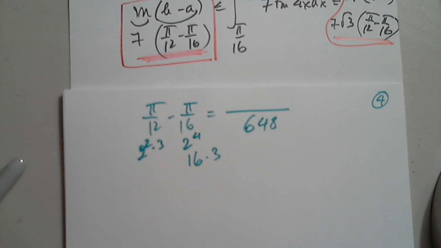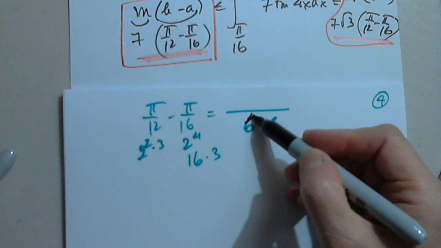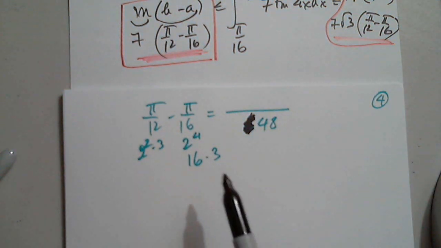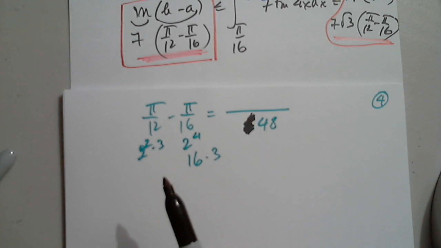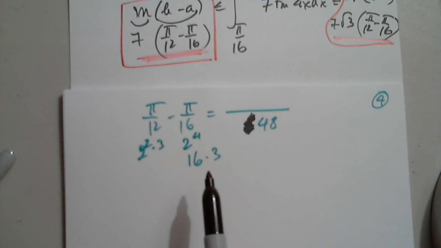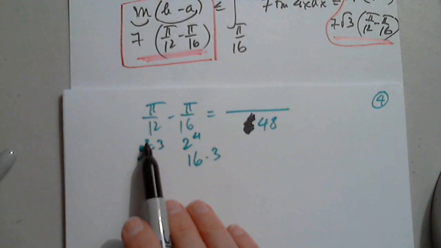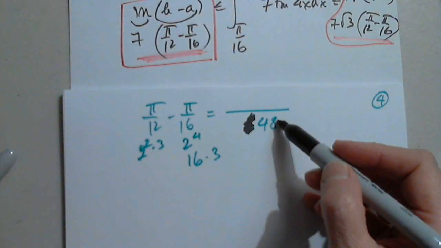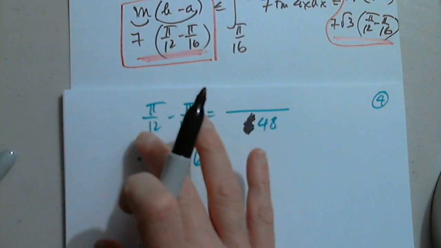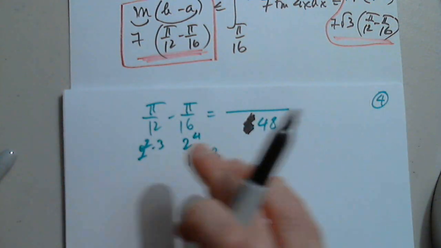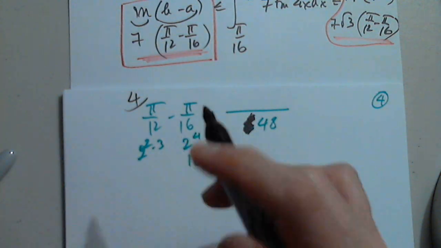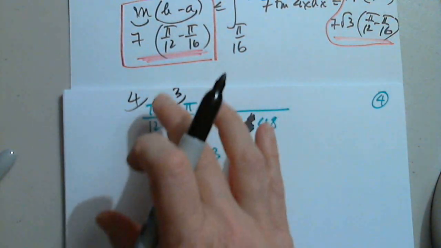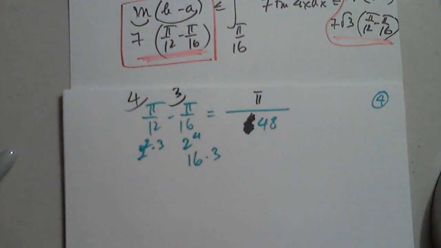I have to find the least common denominator, the number that is divisible by both. 48 divided by 12 is 4, and 48 divided by 16 is 3. So 4 pi minus 3 pi is pi over 48.